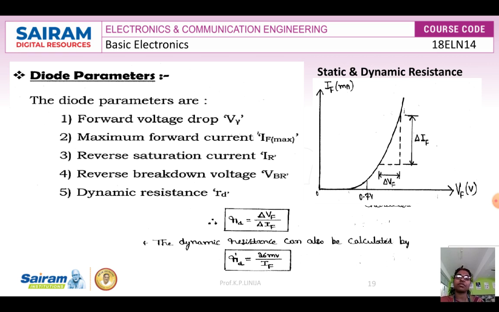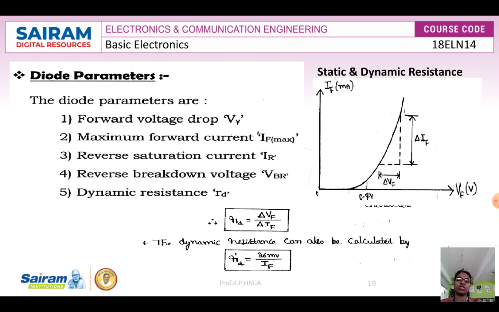On the y-axis, forward current is measured in milliamps, and on the x-axis, forward voltage is measured in volts. Considering the forward characteristics alone, we are going to calculate the slope, taking the change in forward current on the y-axis and the change in forward voltage on the x-axis.